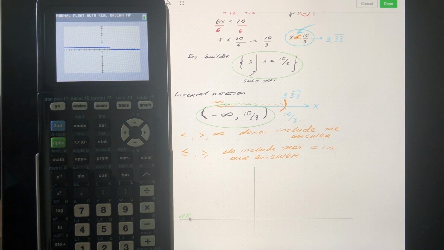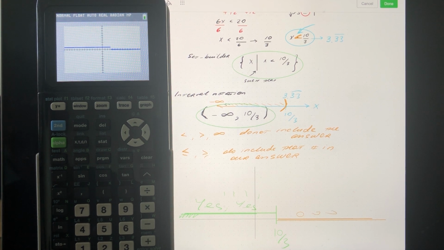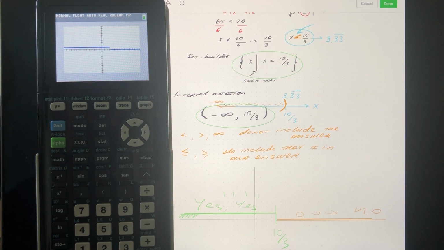There's a 1, 1, 1, 1 going all the way to this point, which is 10/3. We can't see that it's 10/3, but it is. That's a height of 1. And after that is a sequence of no's, all 0s, which is calculator speak for no.